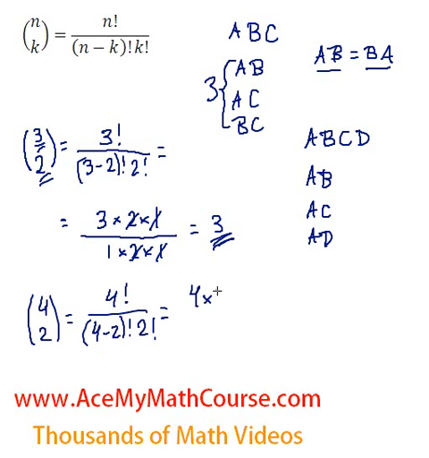So that would be 4 times 3 times 2 times 1 all over. 4 minus 2 is 2, and 2 factorial is just 2 times 1. And we have another 2 factorial over here, which is also 2 times 1.